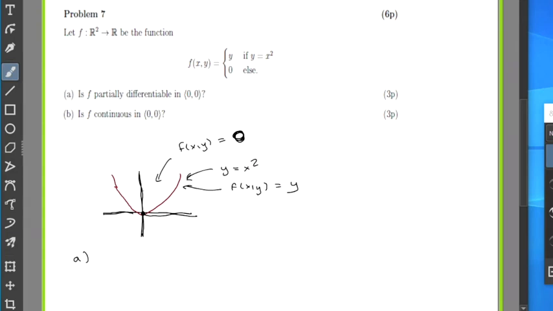You need to look also at things which go through both cases. So we cannot separate the 2 cases for the function and look at them separately. So what we instead need to do here for a is to check if it's partially differentiable in 0, 0. And the easiest way to do that is actually to use the definition.